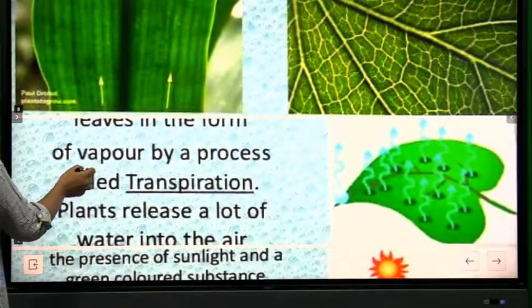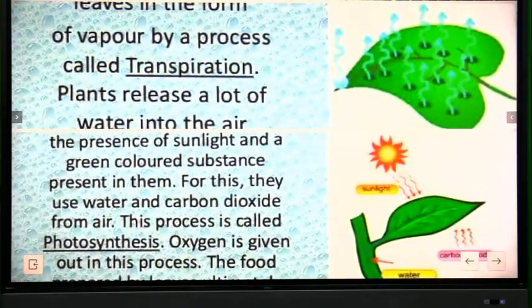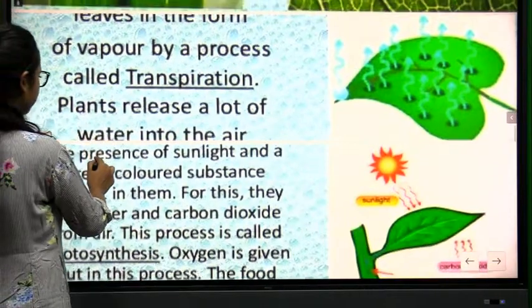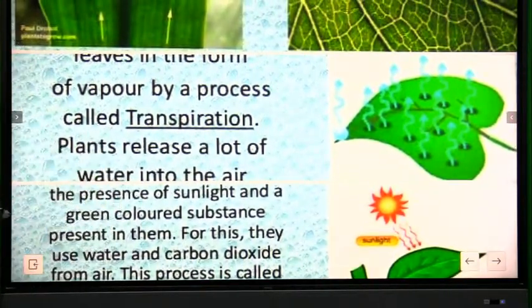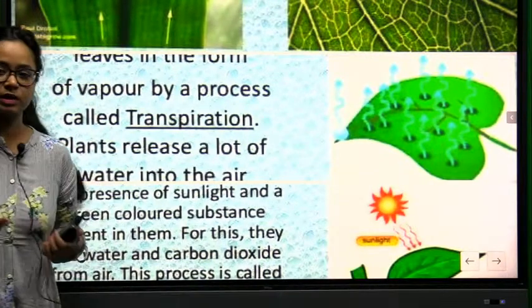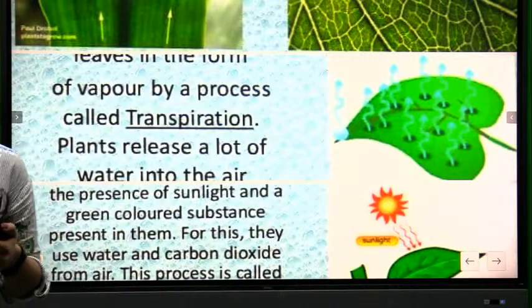Next is transpiration. What do you mean by transpiration? The process of transporting the minerals and water to the whole plant is basically called transpiration. You all know that the stem takes the minerals and water from the soil and transports them to the whole plant.